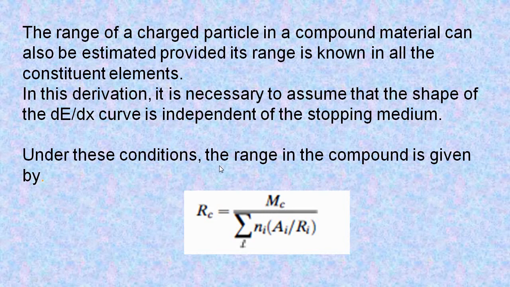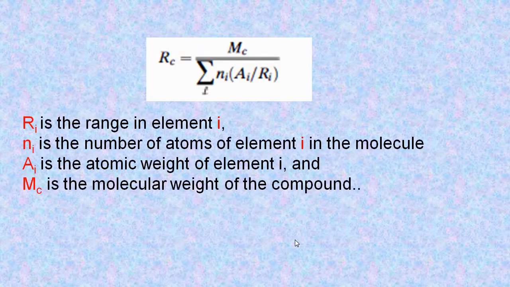Under these conditions, the range in the compound is given by Rc = mc / Σ Ni Ai / Ri. Here also, Ri is the range in the element I, Ni is the number of atoms of element I in the molecule, Ai is the atomic weight of the element I, and mc is the molecular weight of the compound.